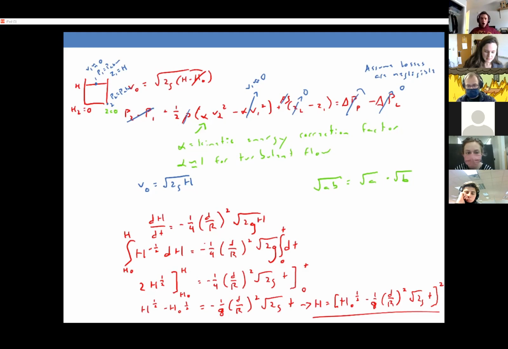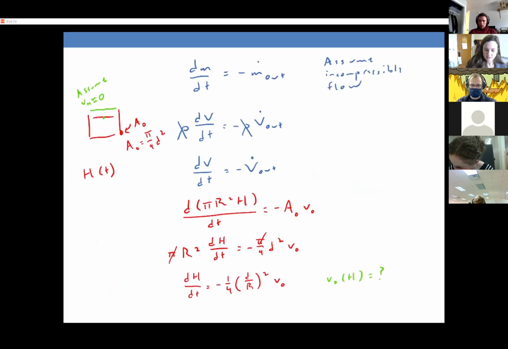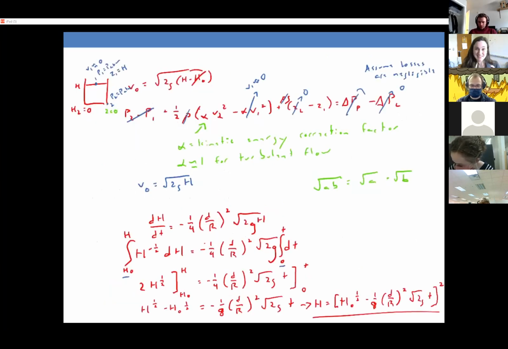Here, in this integral, h naught is the initial height of the water, which, for example, is 4 feet in this problem. So that's h at time equal to 0, whereas I just said that the height at the bottom where the flow is going out is 0. I could have also called that C2. That would be fine, yeah.